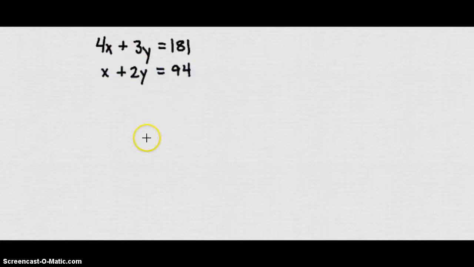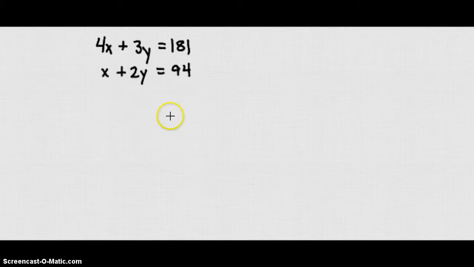So let's consider the equations 4x plus 3y equals 181, and also x plus 2y equals 94. Certainly elimination by multiplication could be used here.